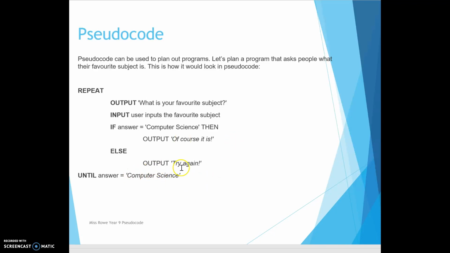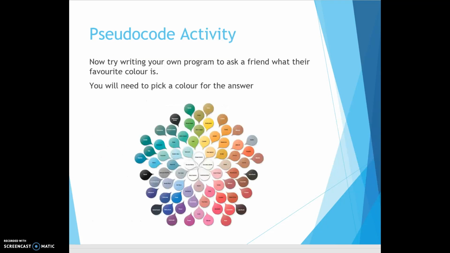That is the answer I'm giving. Input user the favourite colour. Say they use pink, try again. Red, try again. Orange, try again. Blue, of course it is. And that is the end of this particular lesson.